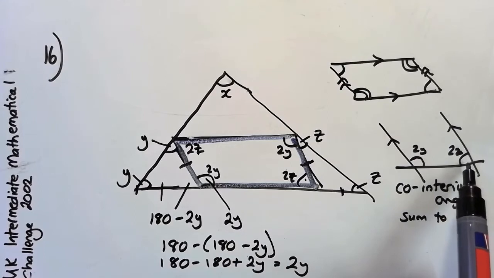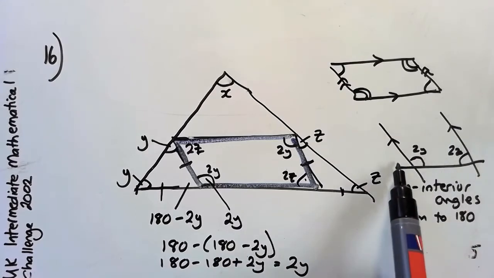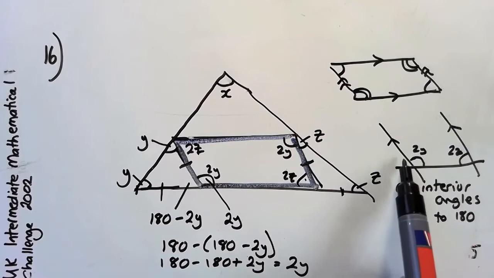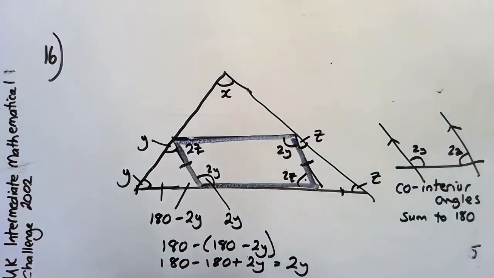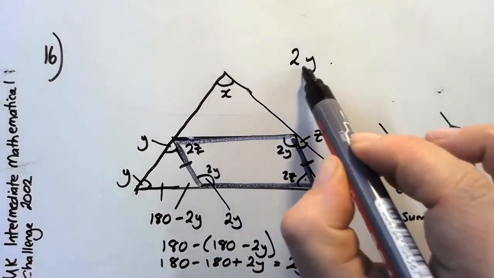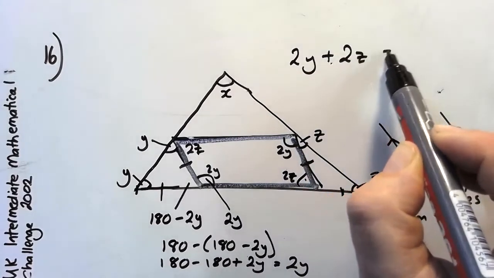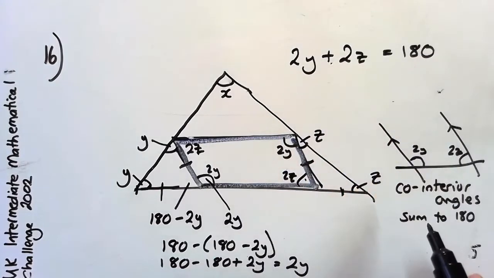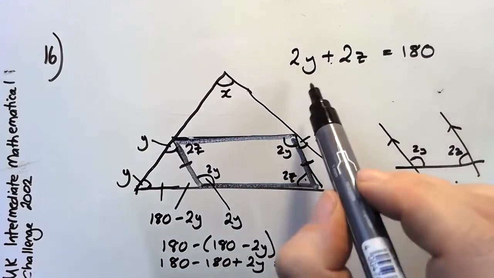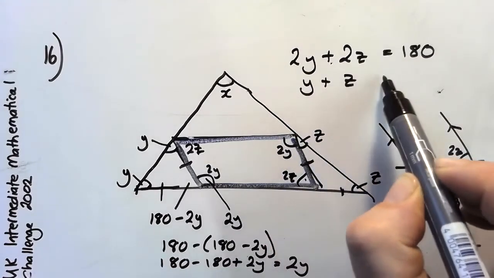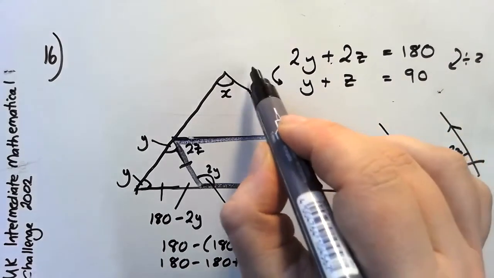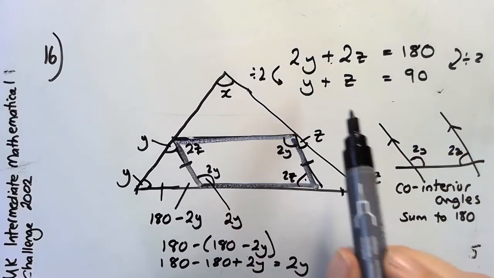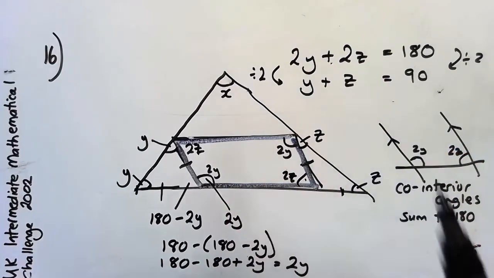If you know about corresponding angles, then this angle here and this angle here have to be the same. And therefore, you've got these 2 sum to 180. Let's put that expression. We've got 2Y plus 2Z equals 180. We can divide by 2, which means Y plus Z equals 90. So we're dividing everything by 2. So we've got a formula already.